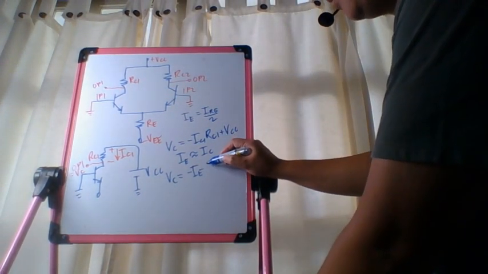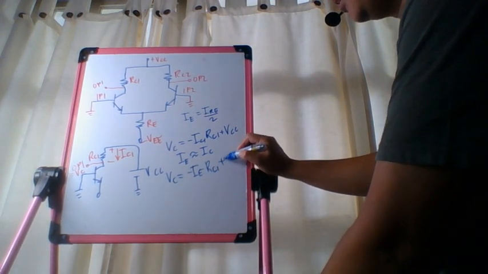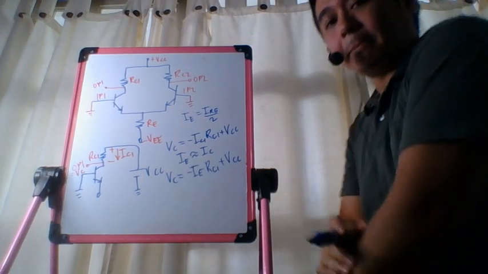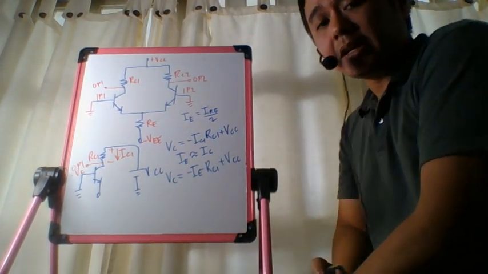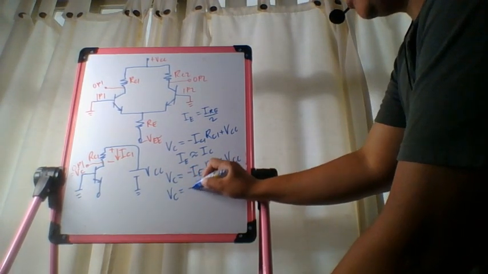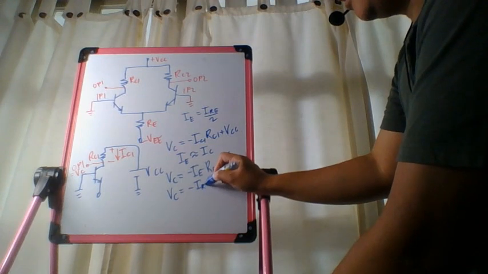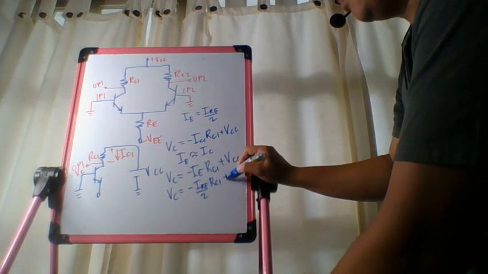And then we have RC1 plus VCC. We can replace IE by IRE divided by 2. So we have VC is equal to negative IRE over 2 times RC1 plus VCC.